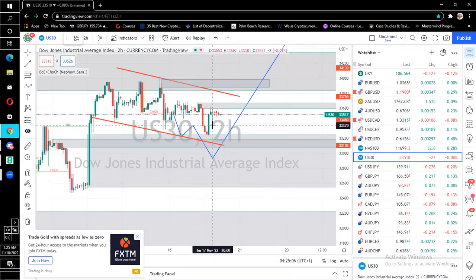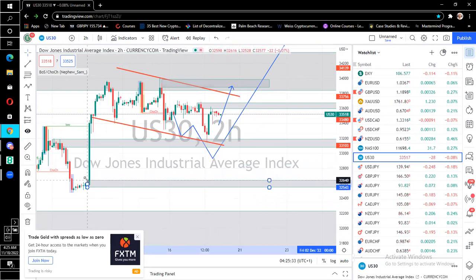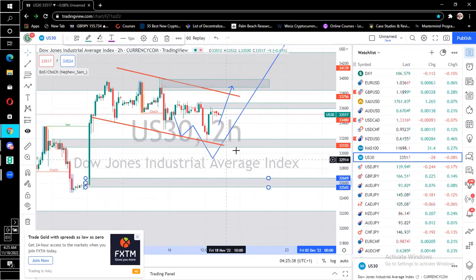Now the market tapped into this to do what? To go to the upside. Except we see a push of this candle to downside again. If we see a push of this candle to downside, the market can possibly trade into it and push down. That is to say, maybe they would like to come and use this level. Do you get it?